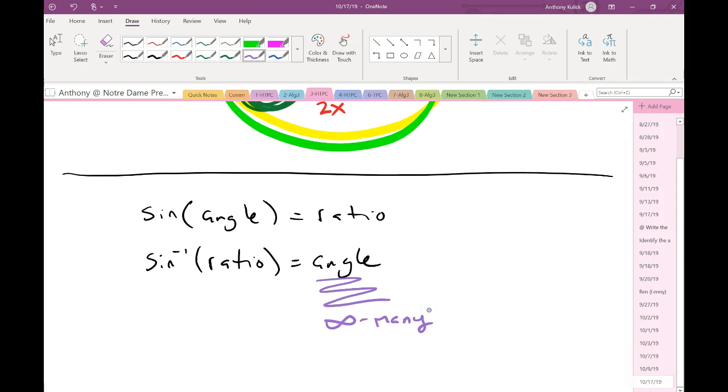What's going to become maybe the trickiest part of this section is making sure that we're finding the angle in particular that we're interested in, of those infinitely many. Is that okay with you guys? Does that help clarify a little bit of what you might have read in the notes?